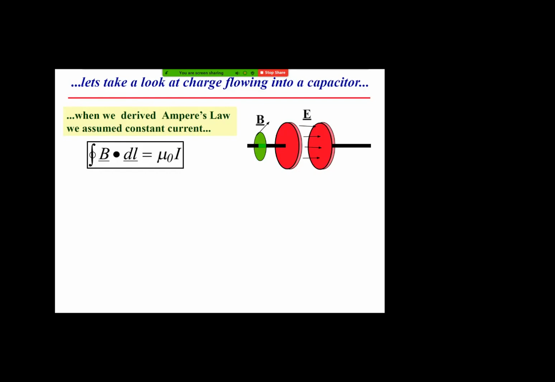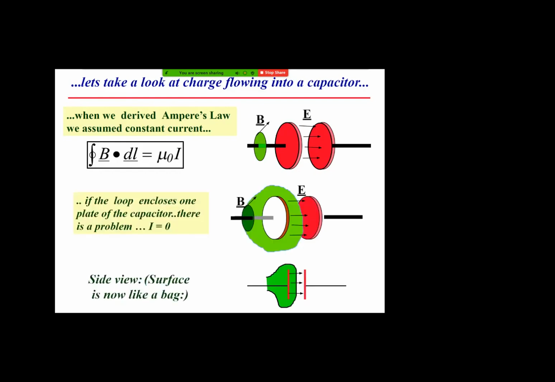Now you can see that if you have a changing electric field over here, that means during the charging process, you actually have a changing magnetic field, because the current will be changing, right? When the charges are building up on the plate, there will be a changing current over there, okay?